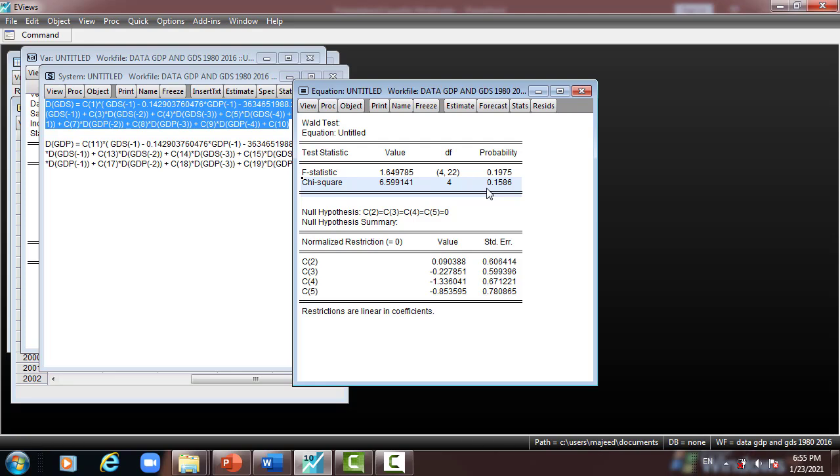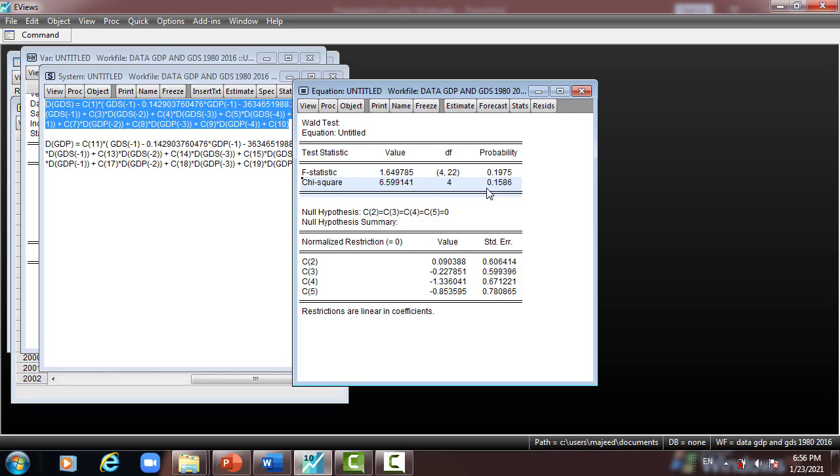So our decision here is that there is a long-run causality from GDP to GDS through the error correction term, which is negative and significant, but there is no short-term causality from GDP to GDS.